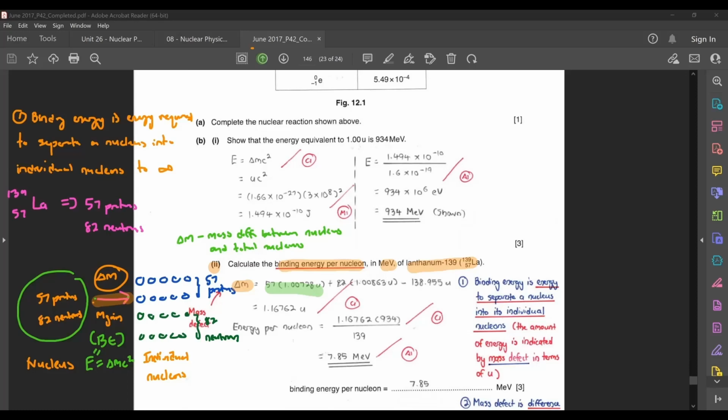The 82 times 1.00863 U is actually the mass of your neutrons. Together, this one is your total mass of your nucleons.